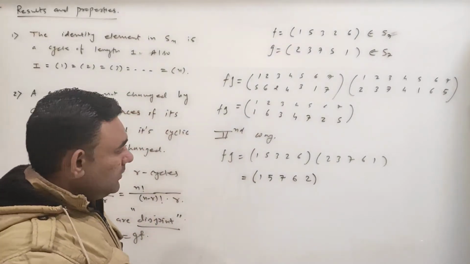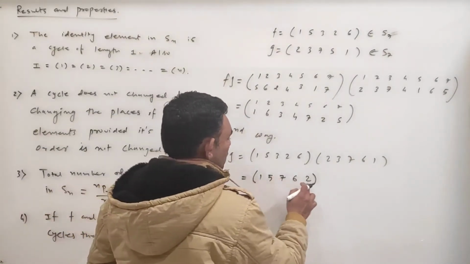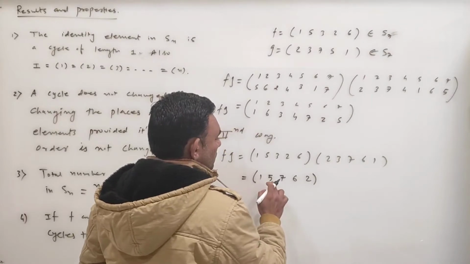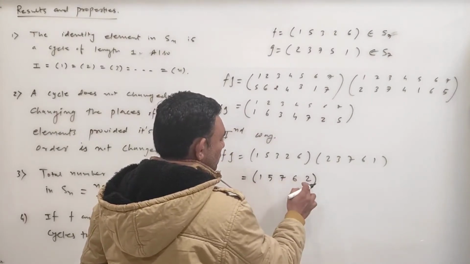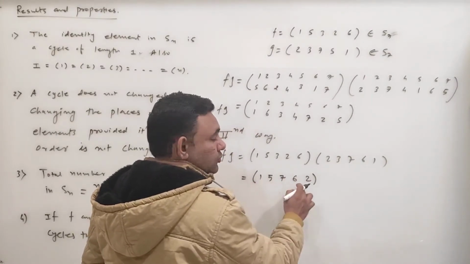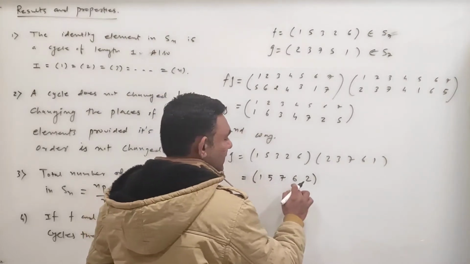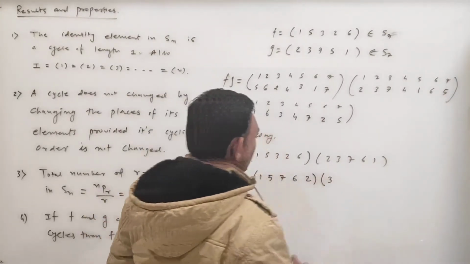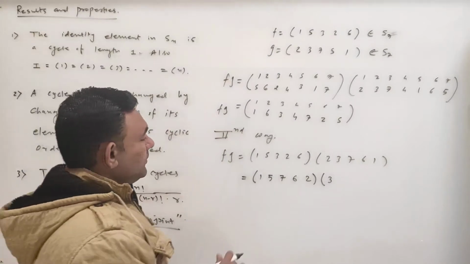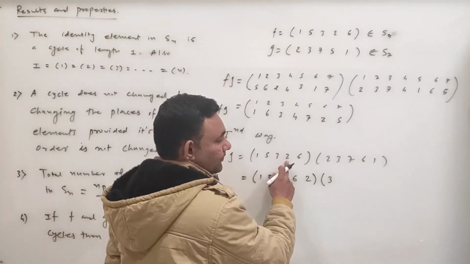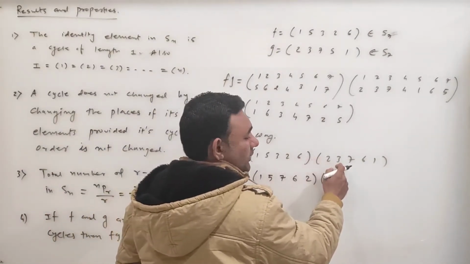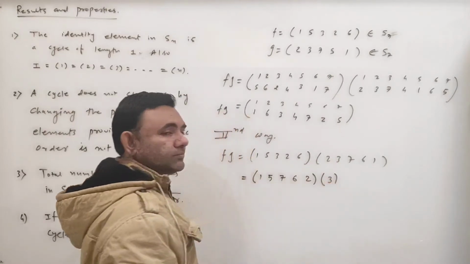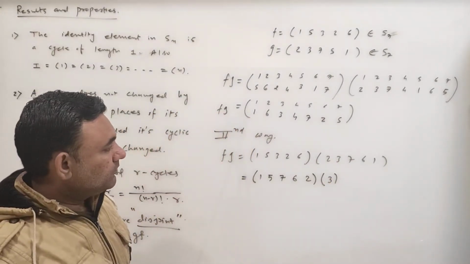Okay, now 1, 2, 3. 3 is absent, so you start with the object which is absent, so here I have 3. From here 3 goes to 2 and here 2 goes to 3, so stop, right?